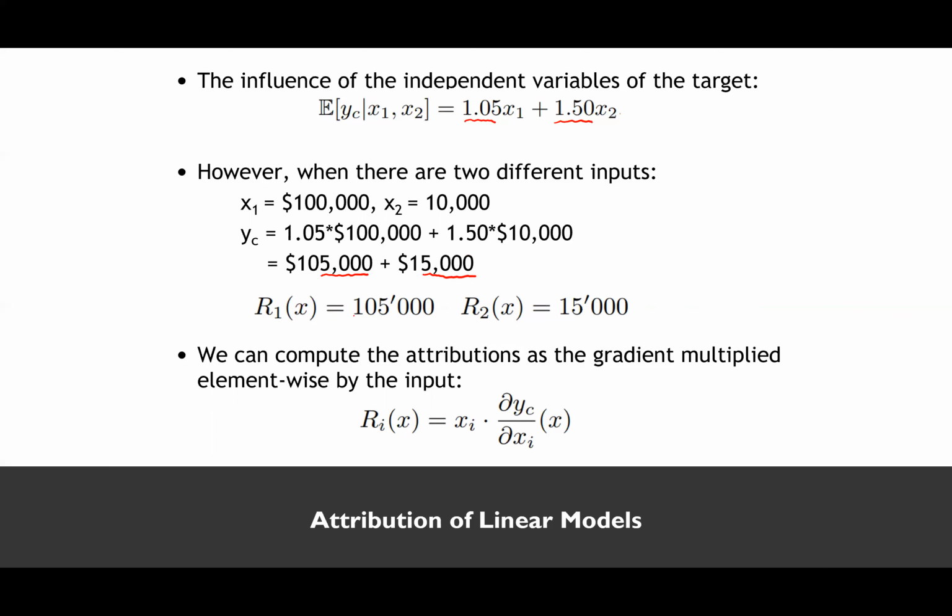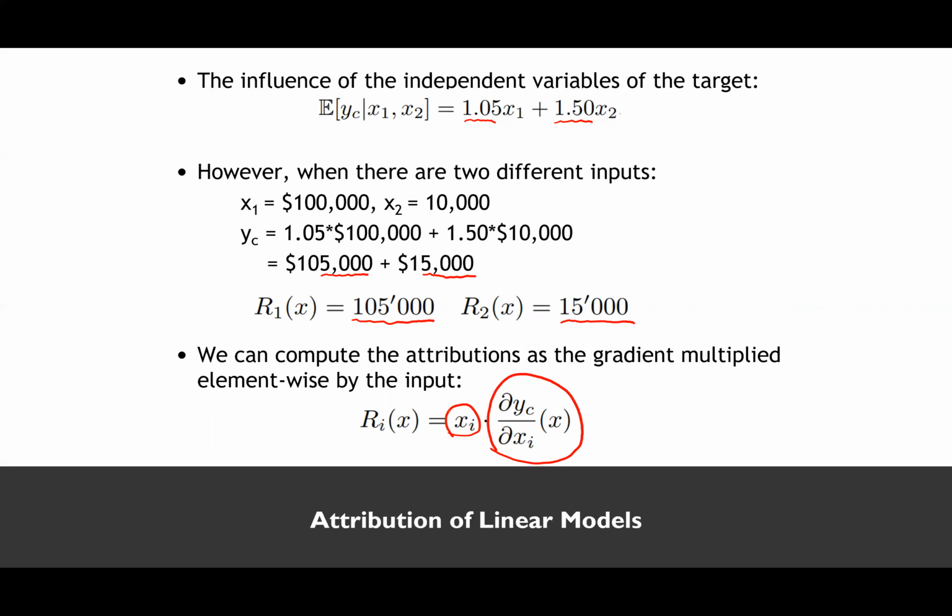So we have the attribution of input for the first one as 100.5 thousand, and the second one as 115,000. In this case, we can also compute the gradient of the yc output with respect to xi, and multiply it with the input. So we have two ways to compute attribution.